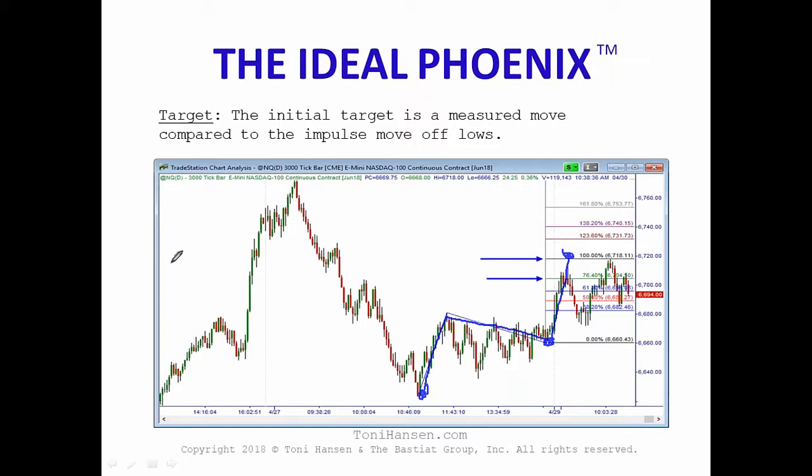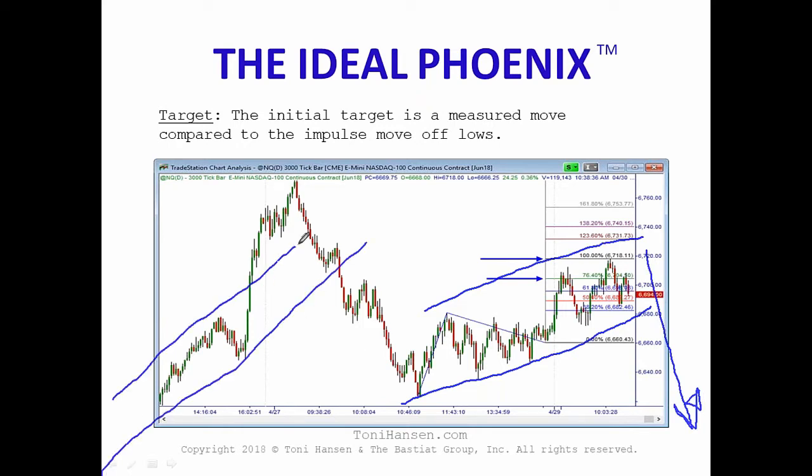Now there's a couple of things to watch for here. When you have a Phoenix that is part of a corrective move where it actually has downside potential later on, like this did, this is the one that was in an uptrend here, then broke the uptrend. So now you have the risk that this is a two-wave correction as part of what can kick off a newer downtrend.